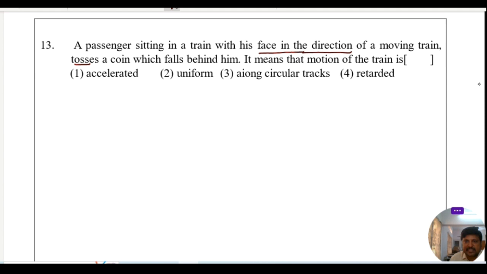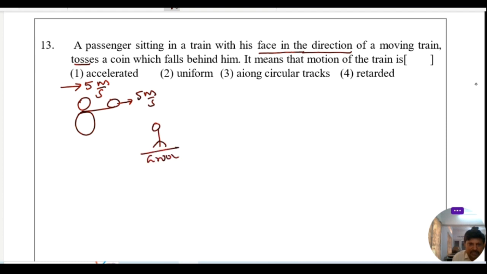It means that the motion of the train is. Here, a passenger sitting in a train. Okay, this is the coin. Suppose the train is moving with a speed of 5 meters per second. The coin is in contact with the passenger, so the coin speed is also 5 meters per second with respect to the person and the ground. There is no relative motion between the coin and the passenger.